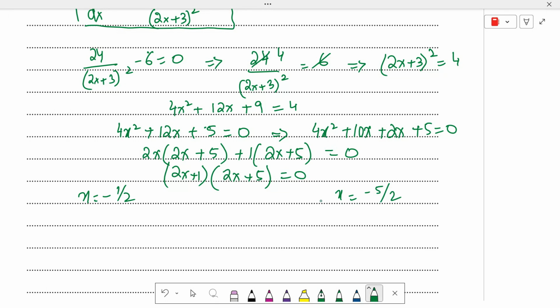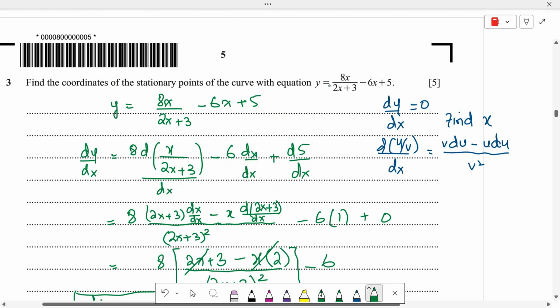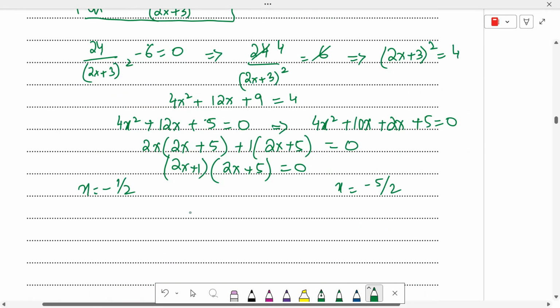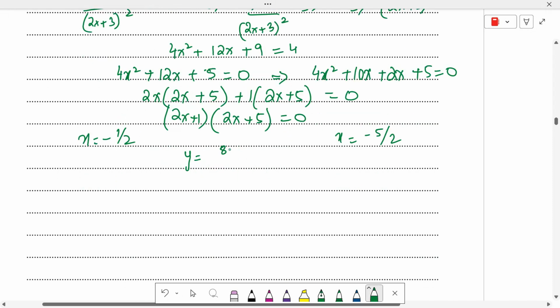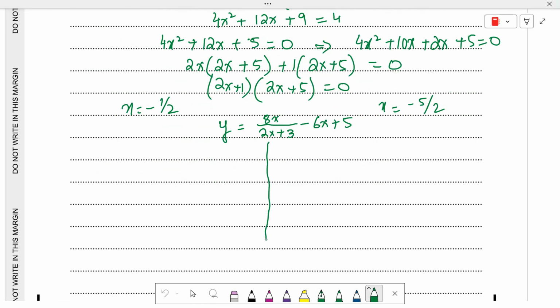Now plug these x coordinates in the given equation to find the y coordinate. So the given equation is y equals 8x over 2x plus 3 minus 6x plus 5. Now plug in the x coordinate, which is negative 1 by 2.